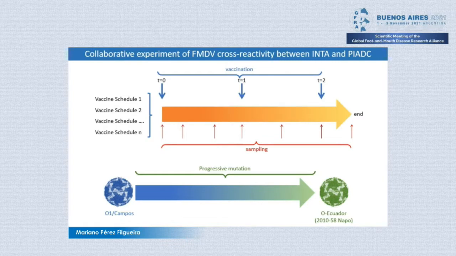And further experiments demonstrated that there was not really any kind of cross protection between these 2 strains. So we will generate by progressive mutations a number of chimeras that will be tested by neutralization against the different sera obtained a long time ago and using different vaccine schedules.